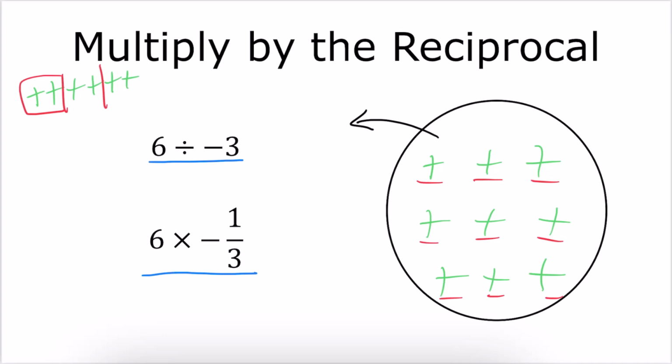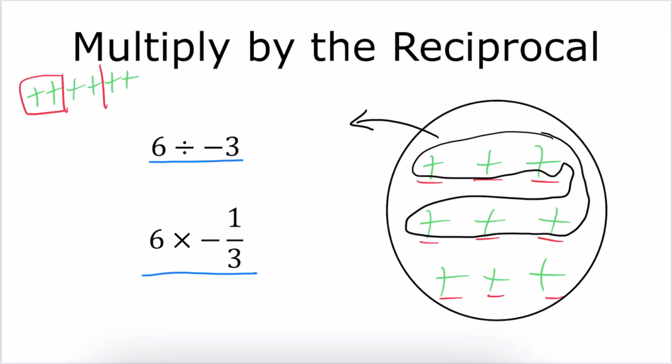So one group of +6 would include all of these numbers and all of these numbers. So this black weird shape that I've drawn here would represent one group of +6. And if I split that up into thirds like this, so here's 1/3, here's another third. Sorry, my drawing's really weird. And my third third.